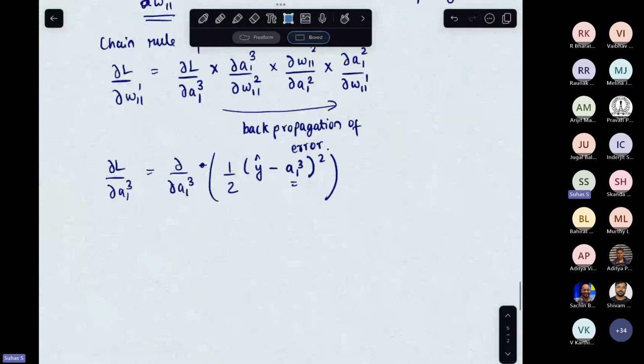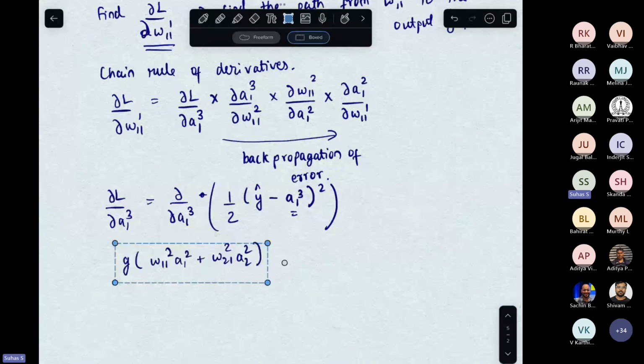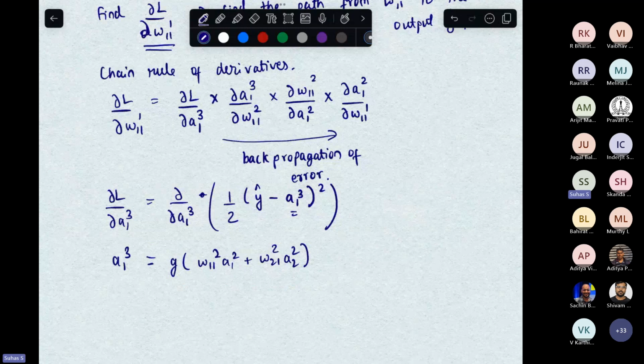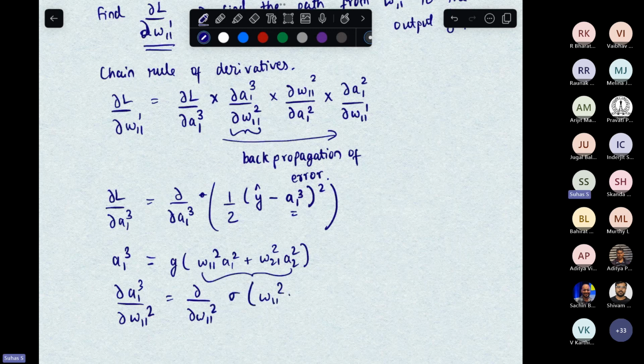So since it was a sigmoid activation, this was A13. And what we want to calculate is this second term over here. So the derivative of A13 with respect to W11 of 2 is nothing but the derivative with respect to W11 of 2 of sigmoid of this term over here, W112 A12 plus W212 A22.